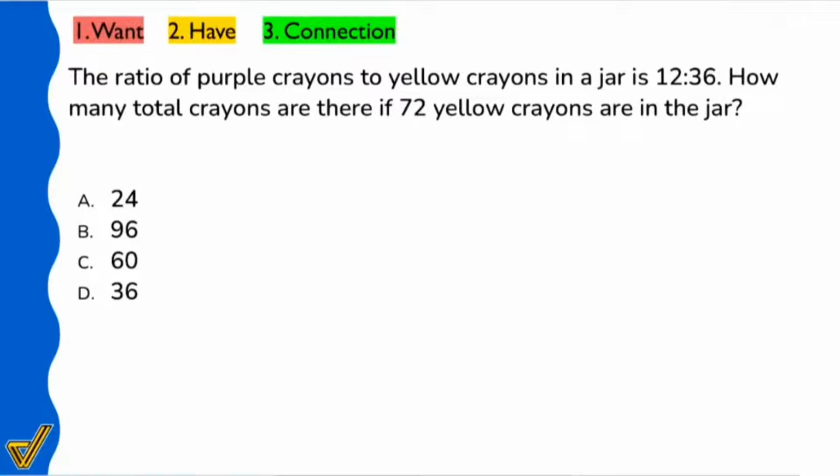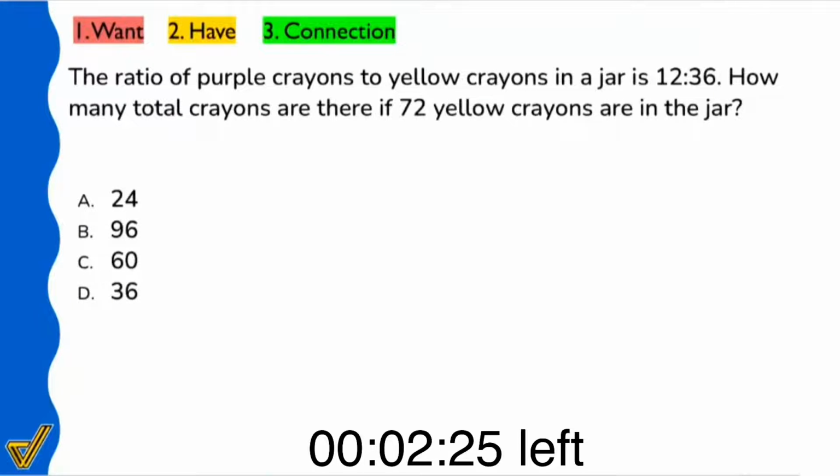All right, faces out of the way. Your timer is going. And again, just type ready when you're ready in the chat box.